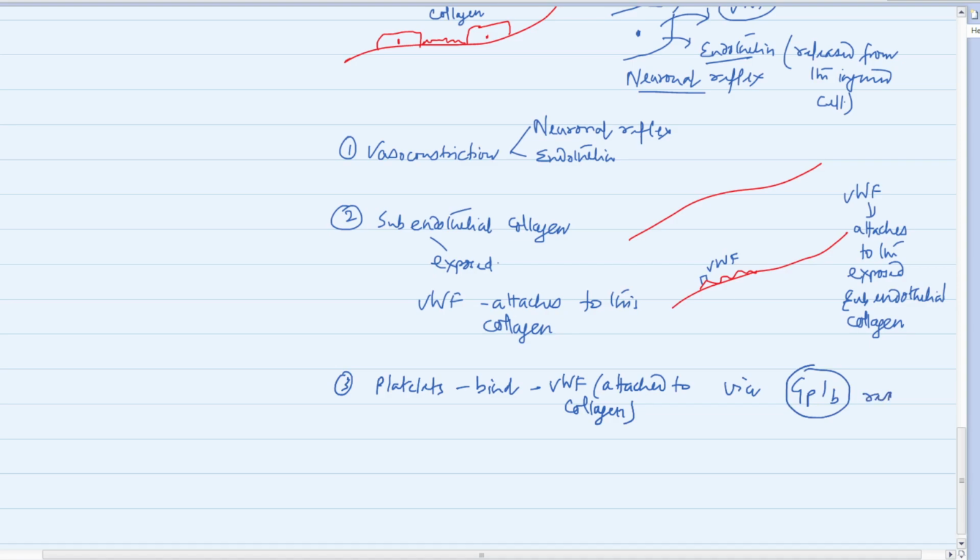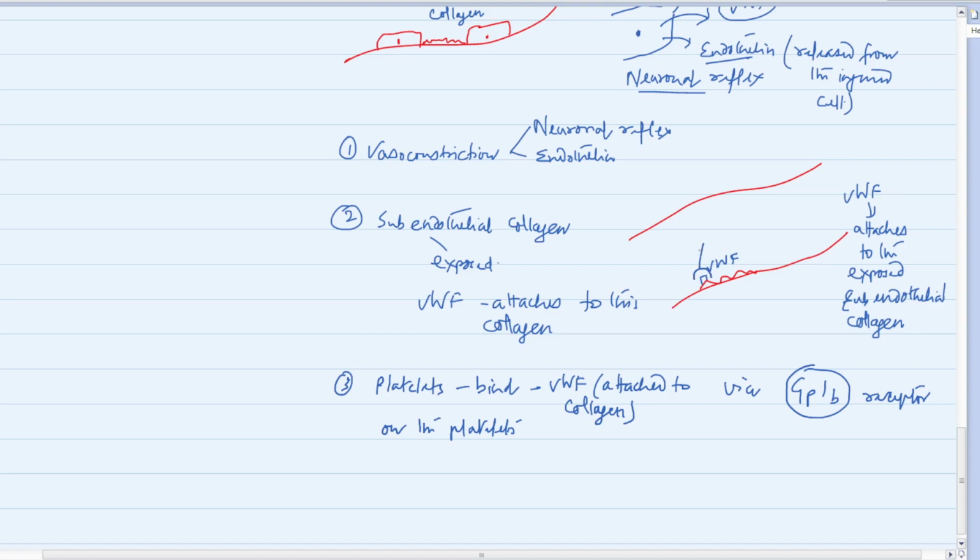These platelets encounter the von Willebrand factor bound to collagen, and they bind via the GP1B receptor.